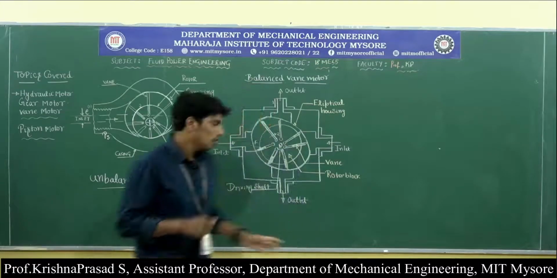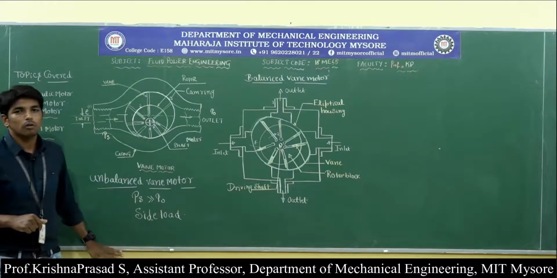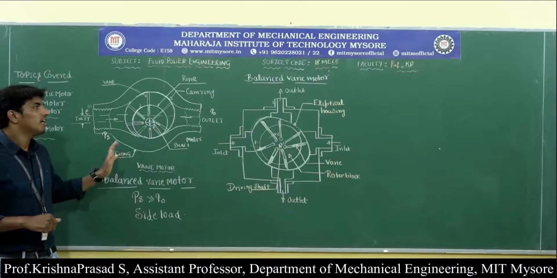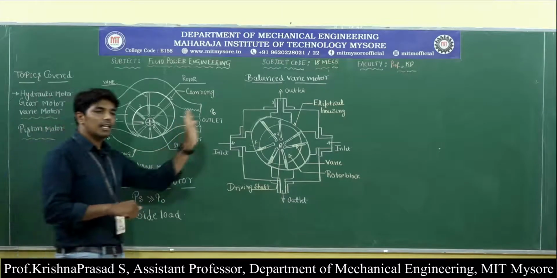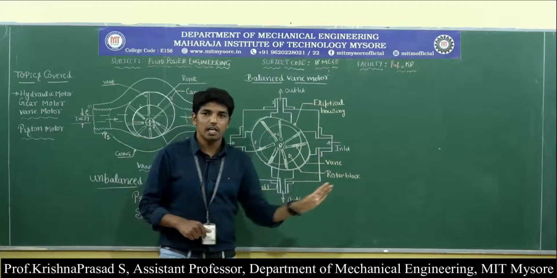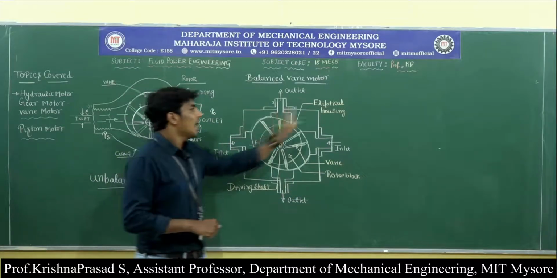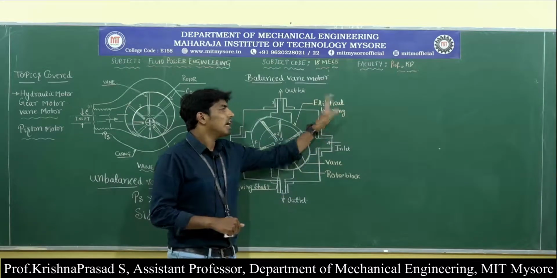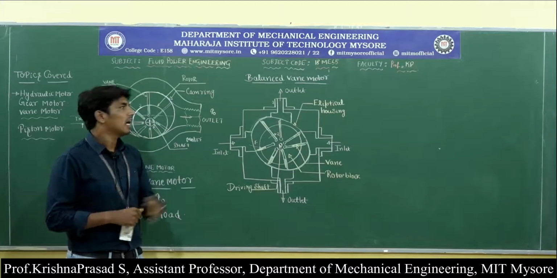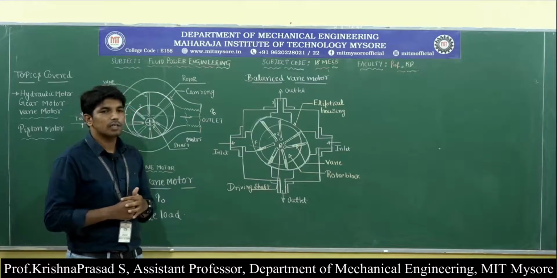So the unbalanced side load and the bearing load on the vane motor are eliminated or prevented by replacing the circular housing with an elliptical housing. I repeat, what happens in the case of the balanced vane motor?